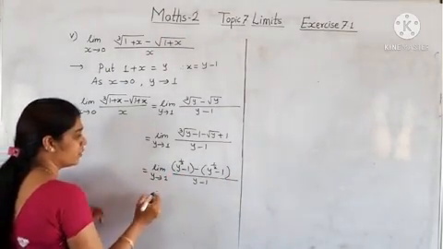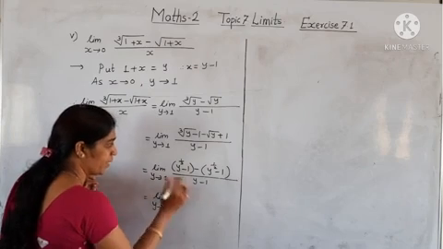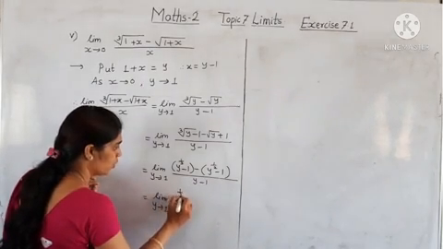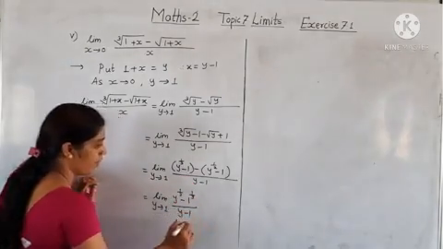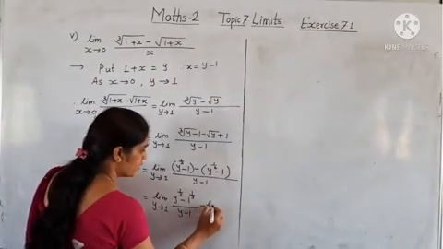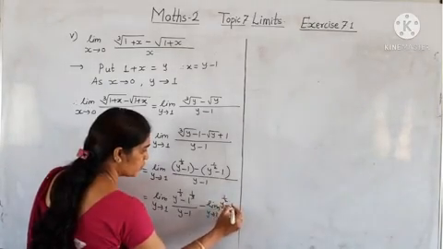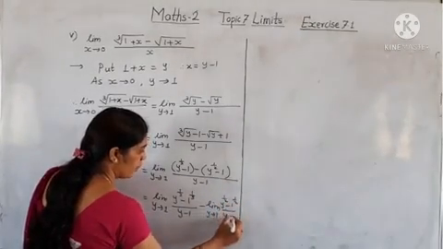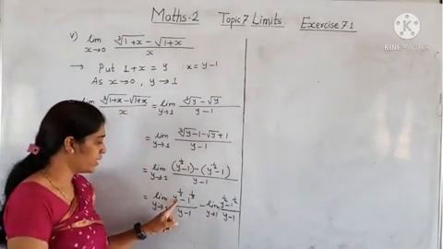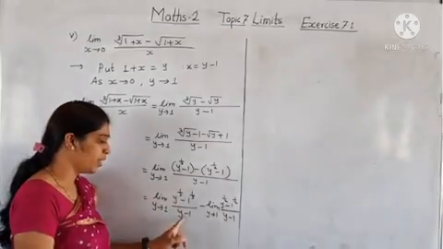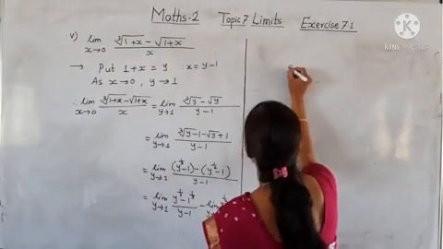So it is of the form limit y tends to 1, separate limit: y raised to 1 upon 3 minus, we can write 1 as 1 raised to 1 upon 3, upon y minus 1, minus limit y tends to 1, y raised to half minus 1 raised to half upon y minus 1. Now observe, this is of the form x raised to n minus a raised to n upon x minus a. So here apply the formula.